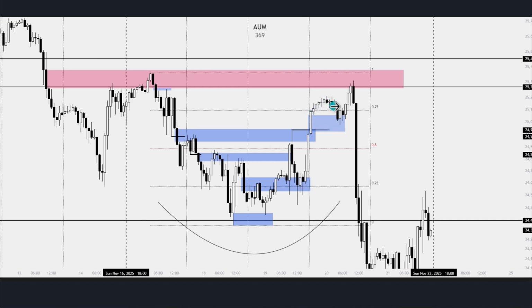Now you can see price comes inside 50% of this FVG and starts moving upward. What we have seen till now is that we have to consider and see what price does at every imbalance or BPR.